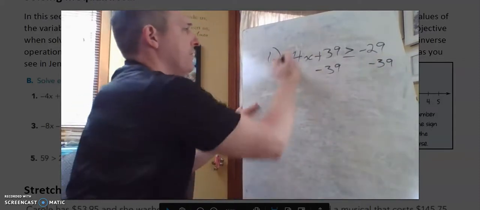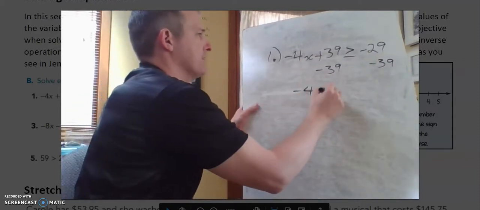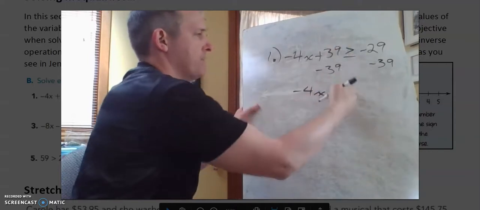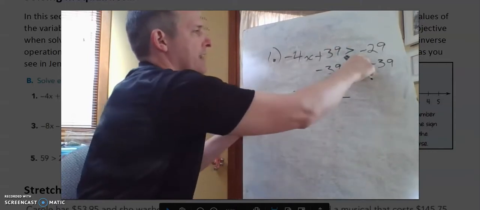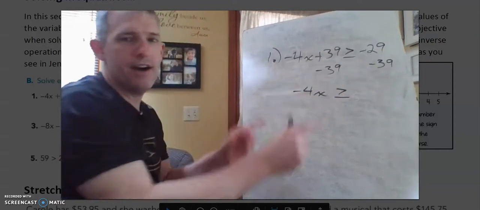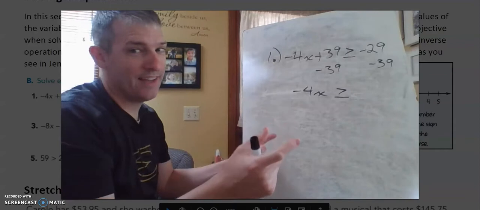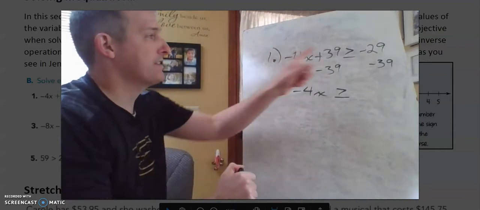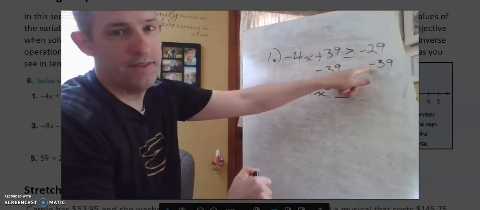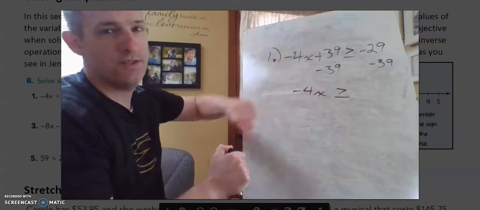What's left over here? We got our -4x. And so far, I'm just going to bring my sign down. And now I've got -29 minus 39. I haven't done addition and subtraction with negatives. Here's the rule. If you're subtracting, we're going to change subtraction to addition.